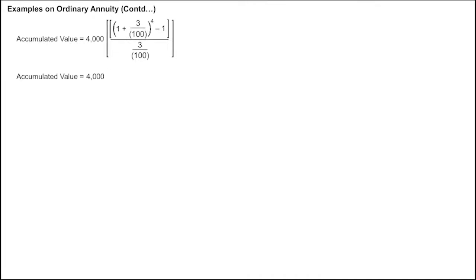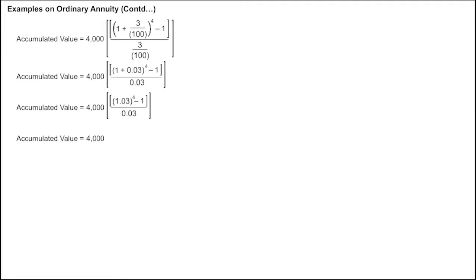So inside the bracket, in the numerator we get (1 + 0.03)^4 − 1 and the denominator is 0.03, and the value of 1 plus 0.03 is nothing but 1.03. So the numerator becomes (1.03)^4 − 1 and the denominator is 0.03.